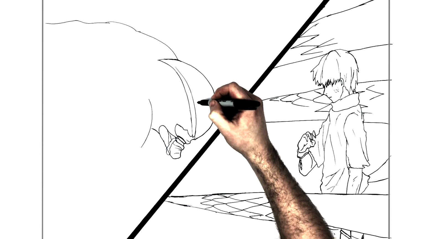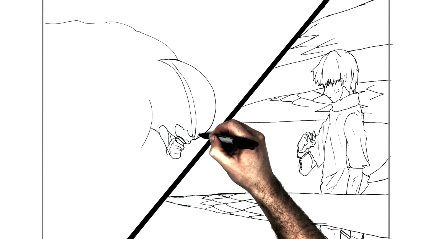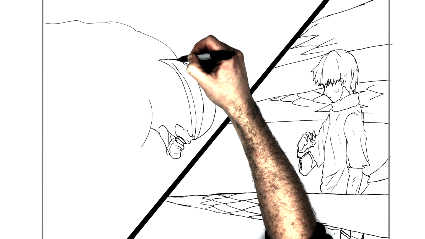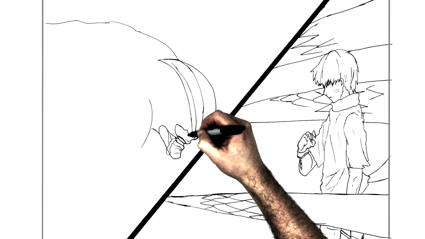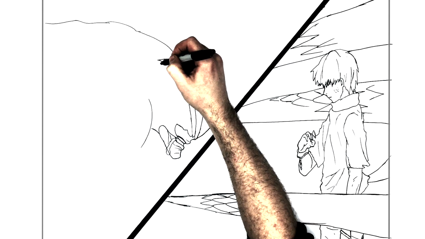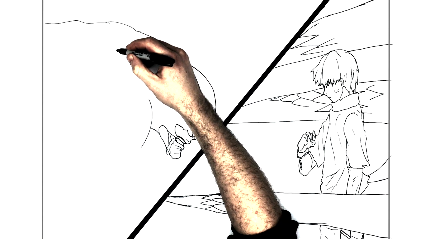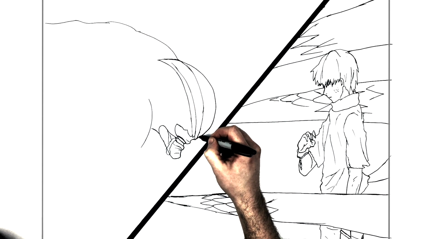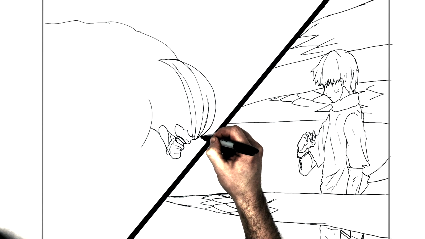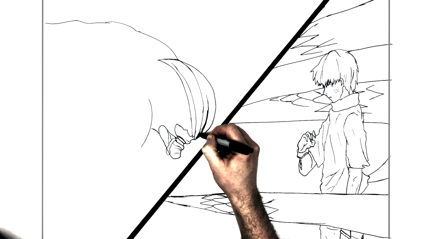So these lines that run all up and back. And like, so you could thicken it up in some parts.